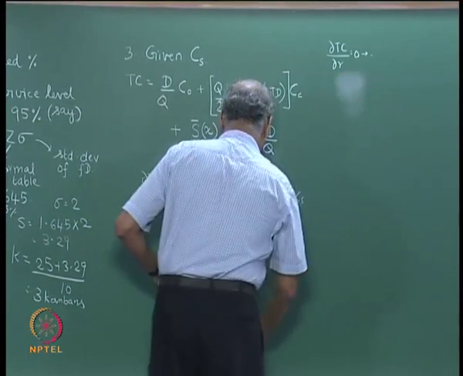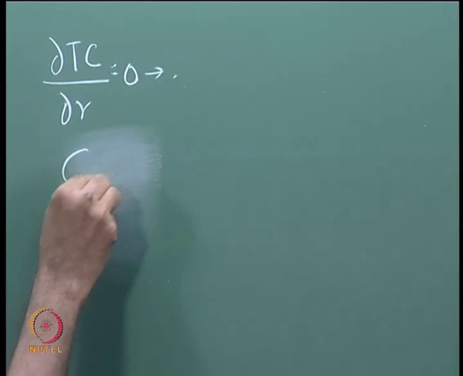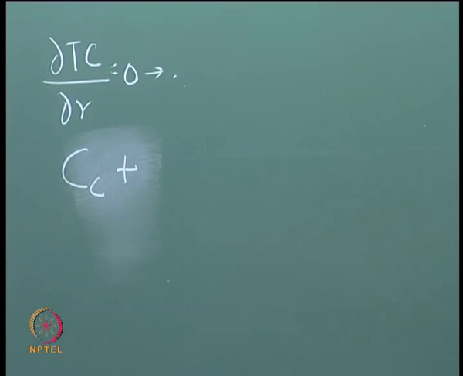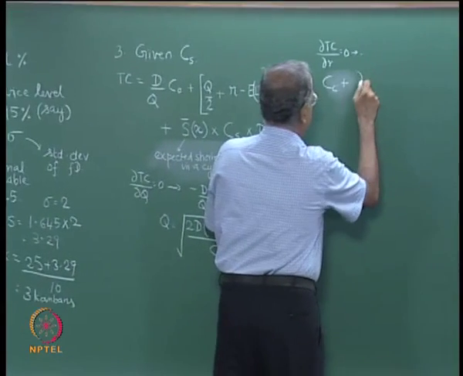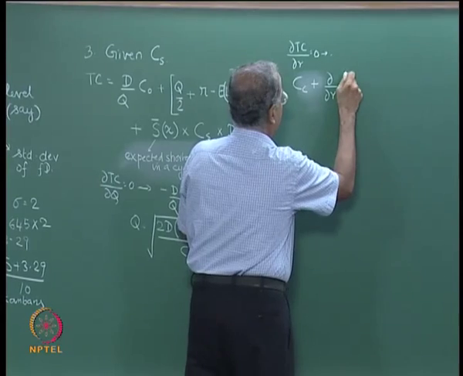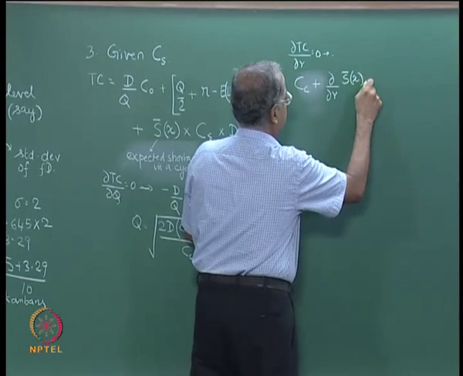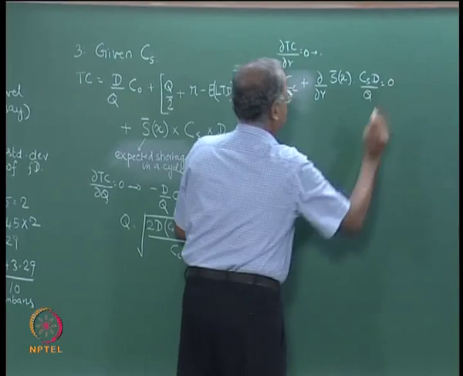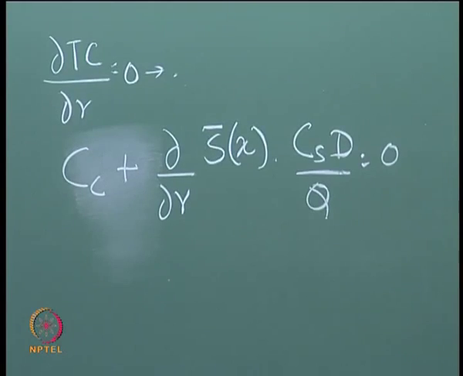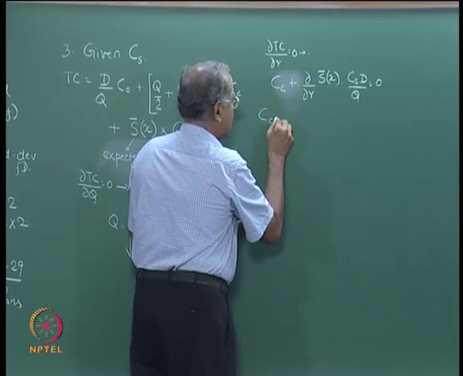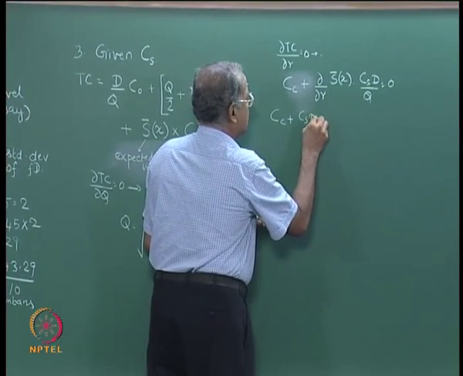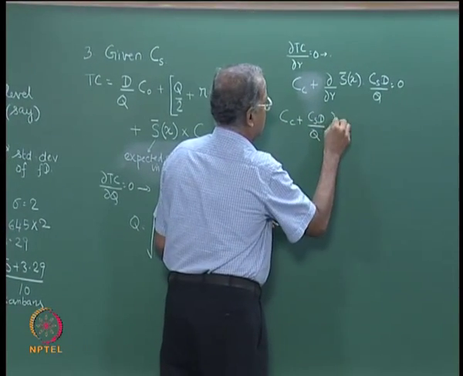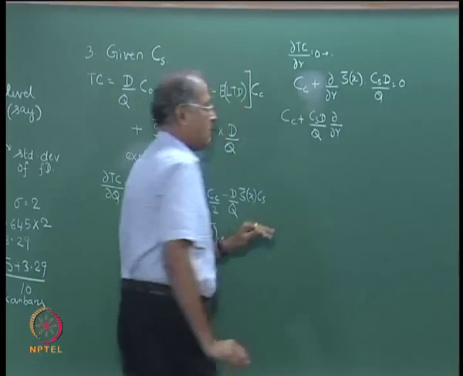Differentiating with respect to R, this will be Cc plus dou by dou R of S bar of x into Cs into D by Q, equal to 0. So this will give us Cc plus Cs D by Q dou by dou R of S bar of x.